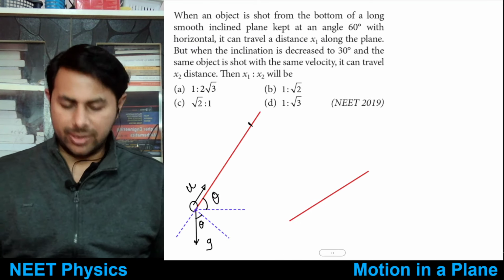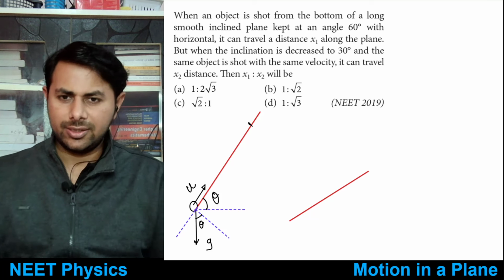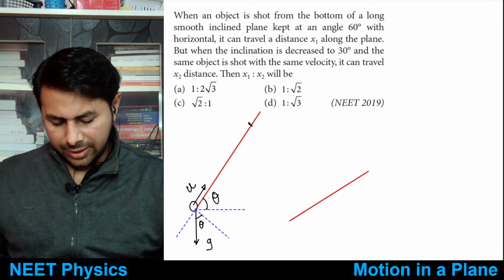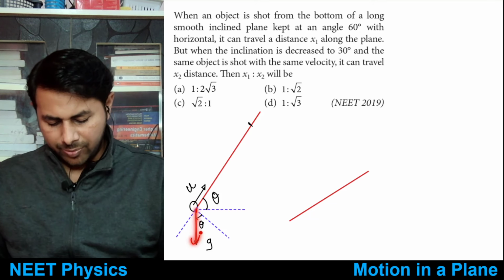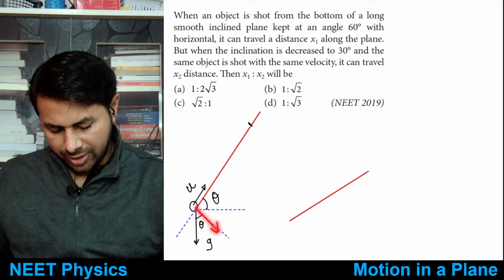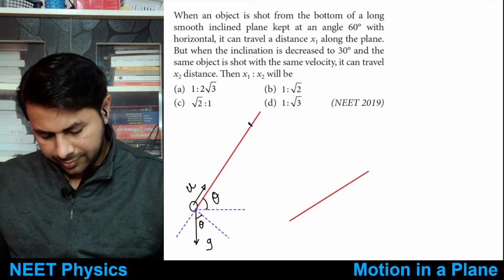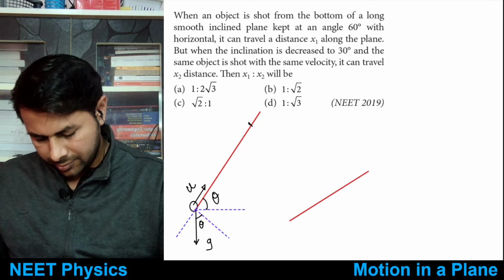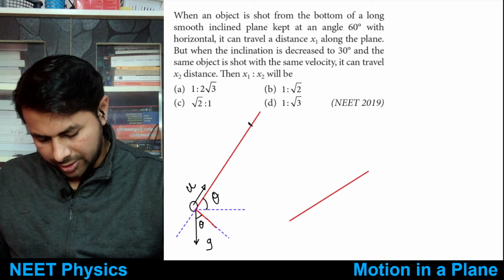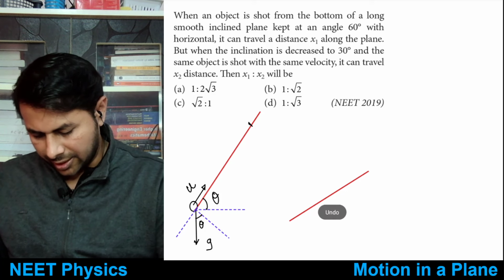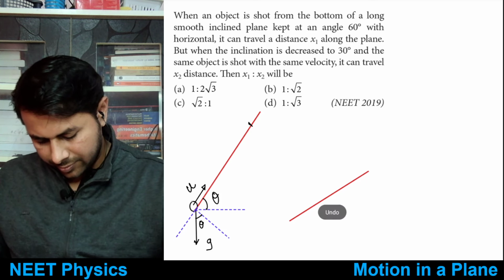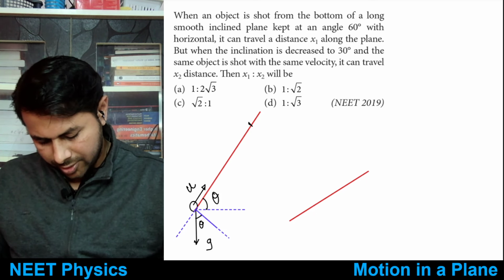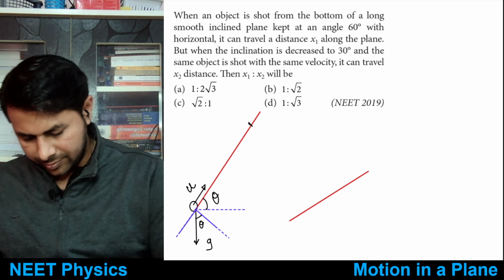We need to remember this at least till the NEET exam. All right, so just resolve this along two components. You have g, the component through the angle will be g cos theta. This is g cos theta and that's g sin theta. Let me use a different color. This is g cos theta, and this one is g sin theta.